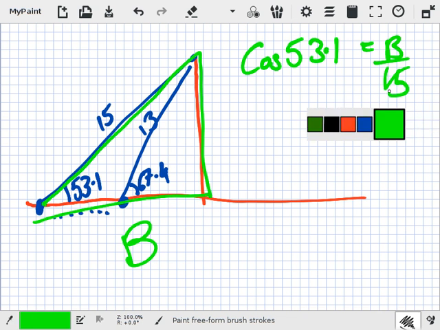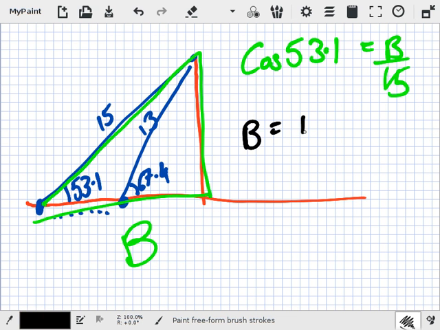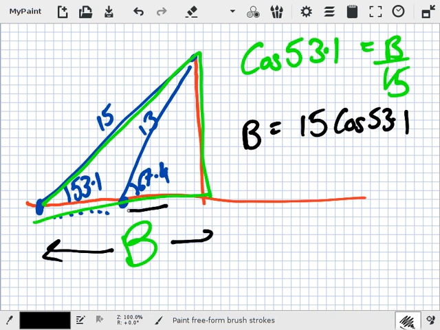So you could end up saying then that B is 15 cos 53.1 for the total distance here. And if I call this smaller distance small b, then in a similar way you can get small b is 13 cos 67.4.